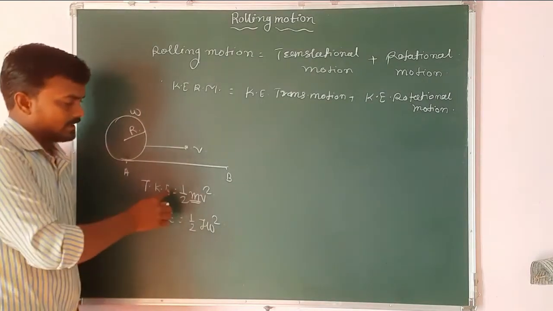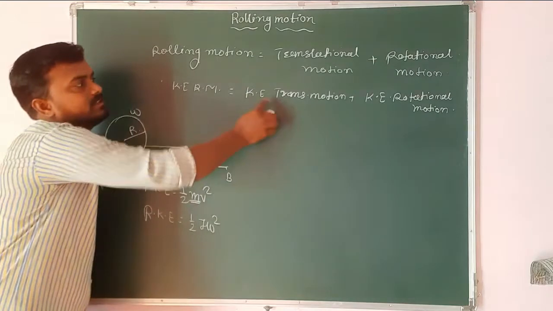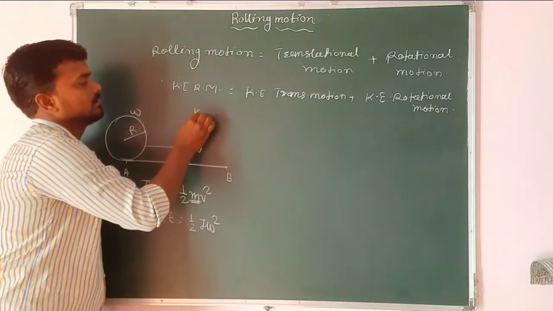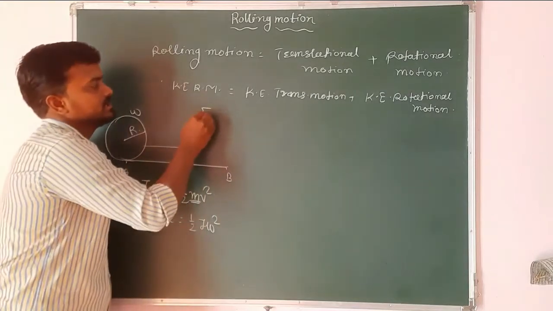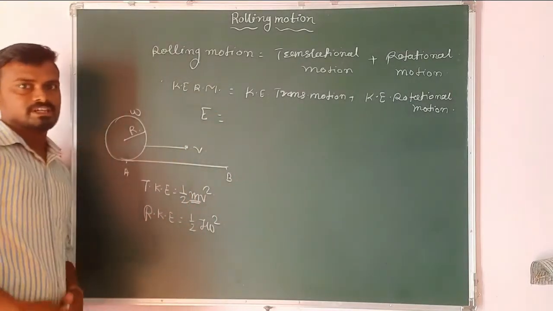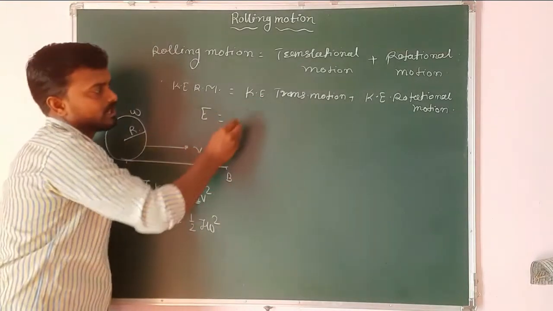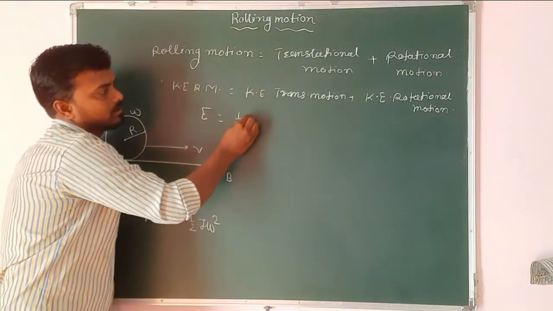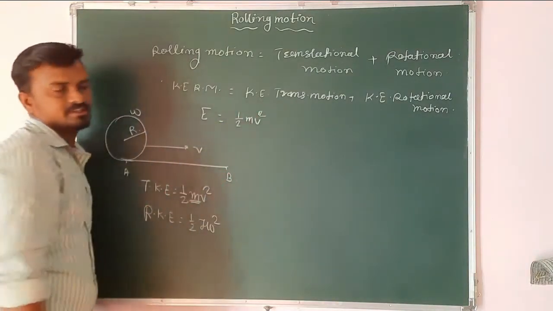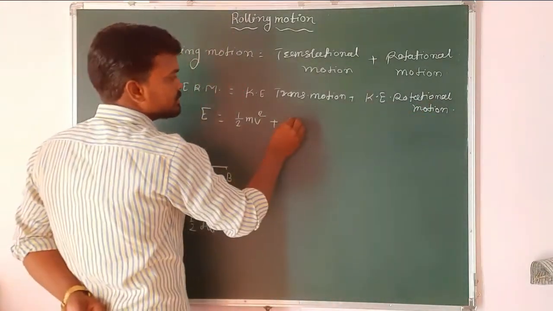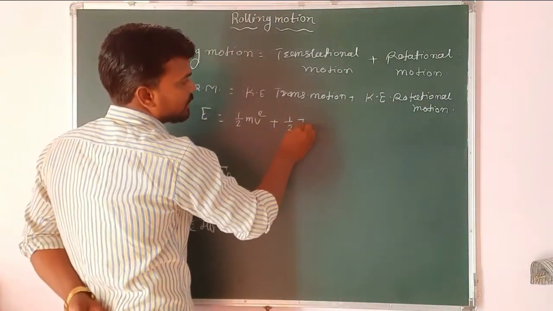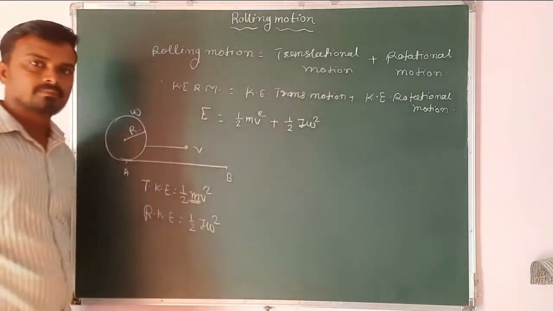If we put those two energies in this equation, then the kinetic energy of rolling motion, let us consider the symbol E, is equal to 1/2 mv square plus 1/2 I omega square.